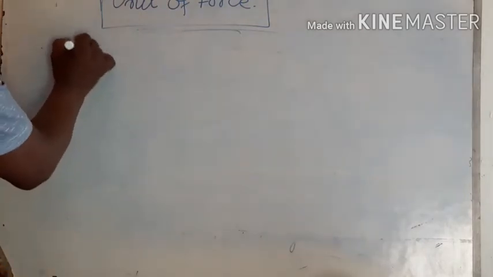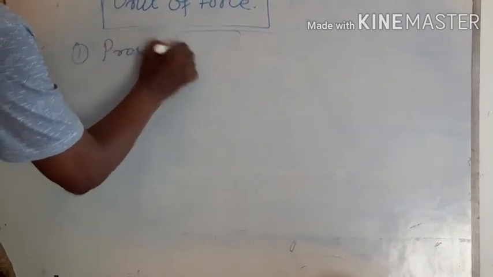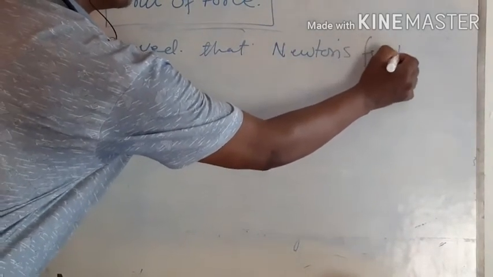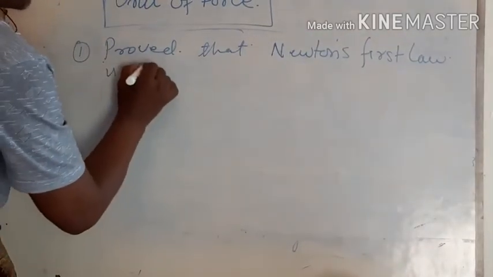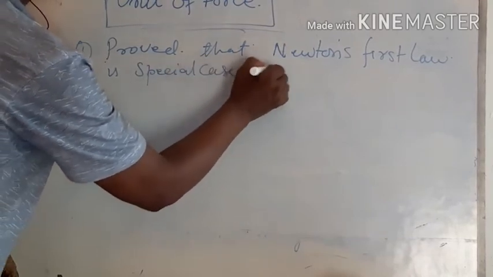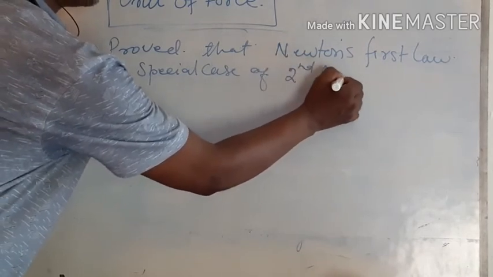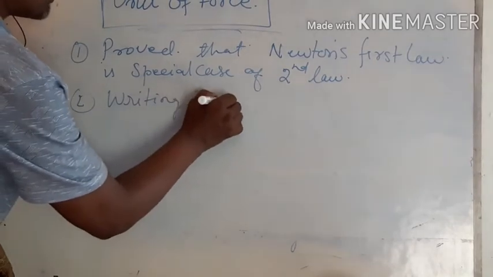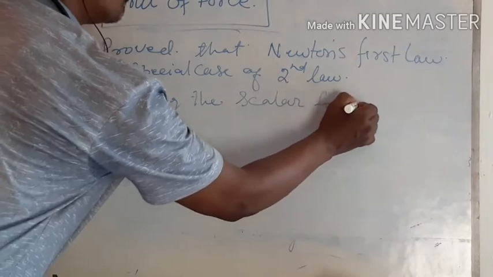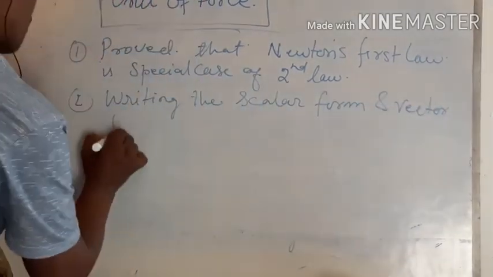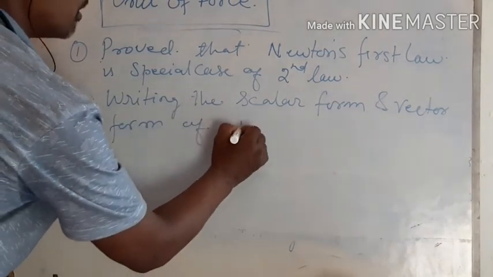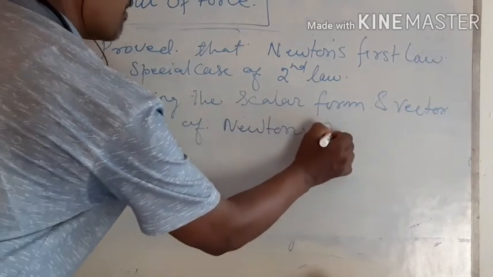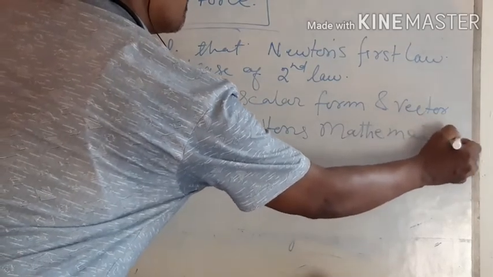You have proved that Newton's first law is a special case of second law. ये हमने पढ़ा, प्रूफ किया दोनों स्टेटमेंट को. ओके, सेकेंड हमने ये भी पढ़ा, writing the scalar form and vector form of Newton's second law, the mathematical statement.